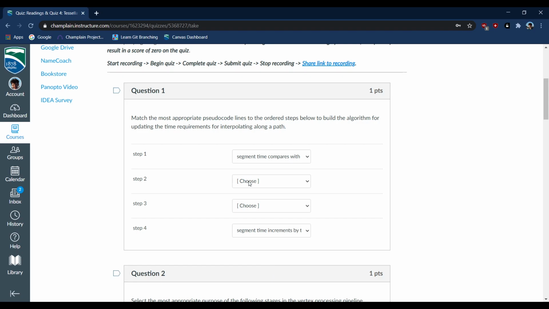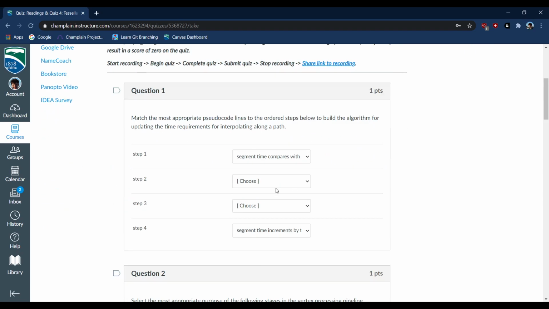So then that just means segment parameter equals quotient of segment time over duration. Or wait, hold on. That might not be the first step. Segment parameter increments by.